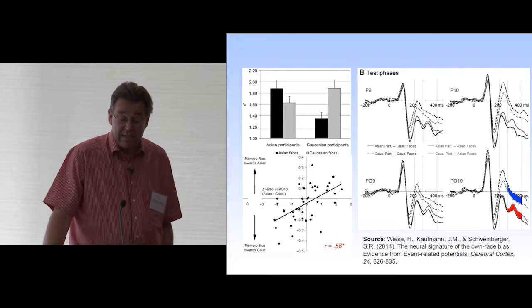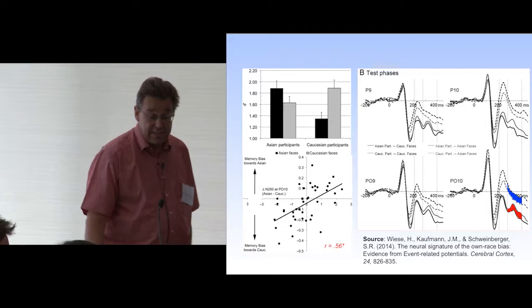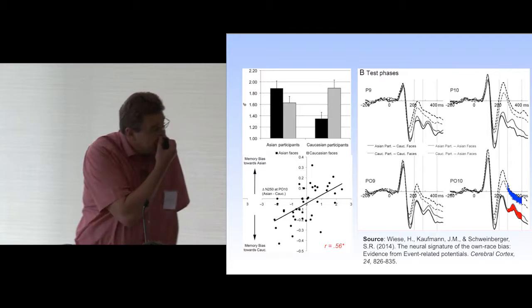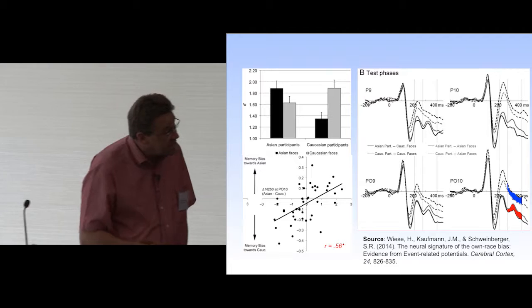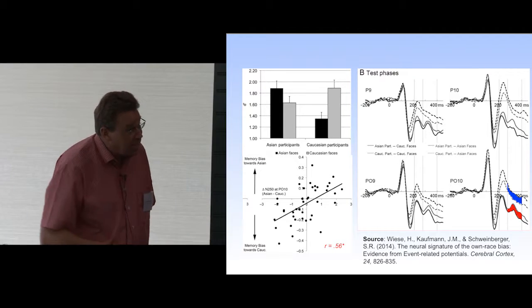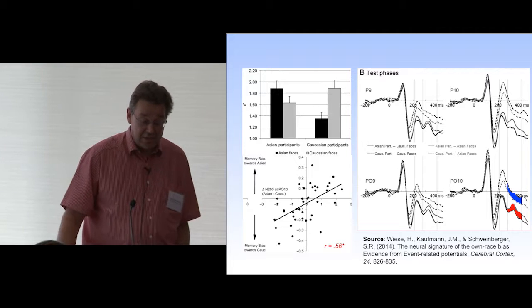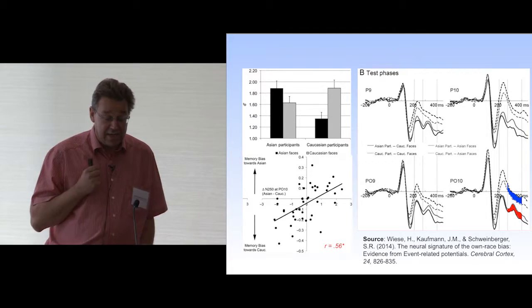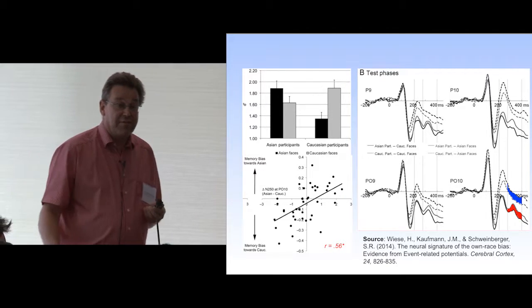So basically, there is an own race bias in the sense that the other race faces were always the ones that were less well recognized, and they elicit larger negativity here. And intriguingly, there is a substantial correlation between this individual neuronal race effect and the behavioral own race bias that you see on the bottom left.